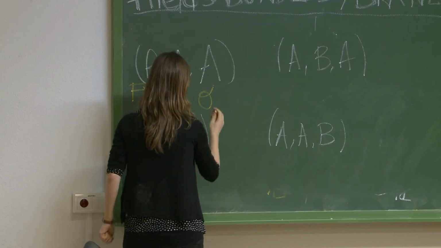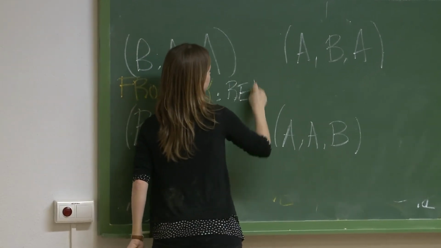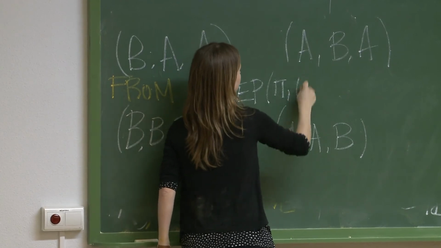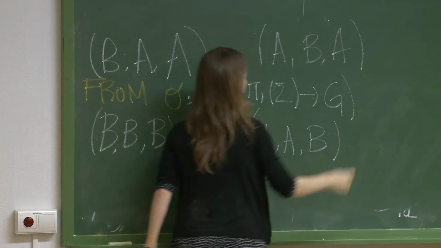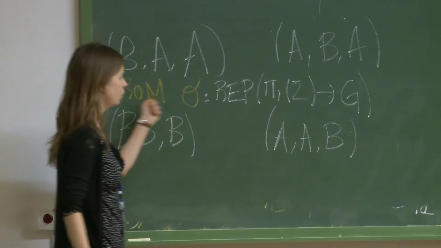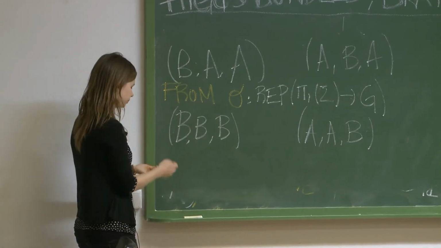So representations from pi1 of sigma into the real group will give us Higgs bundles for the real group, and these will be BAA branes.